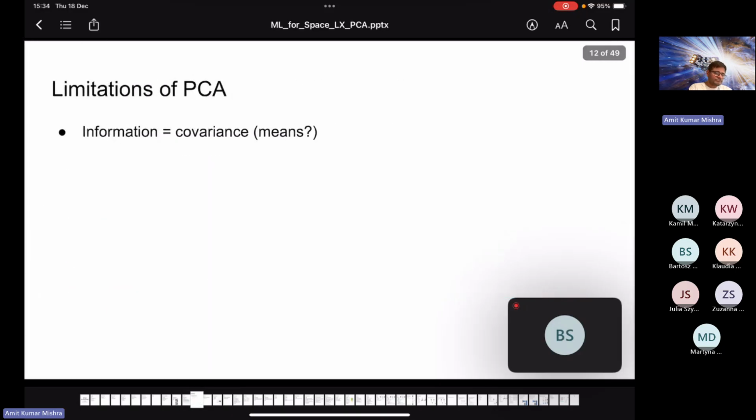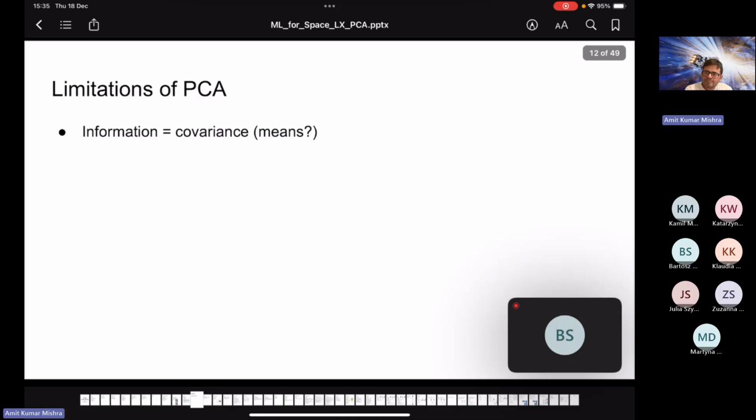Right. Now, coming to the limitations of PCA. Nothing is ideal, right? Every algorithm has its own limitations. PCA assumes that information is captured by covariance. The covariance matrix for which we did the eigen analysis, PCA assumes that it has captured all the information that is there in the data.